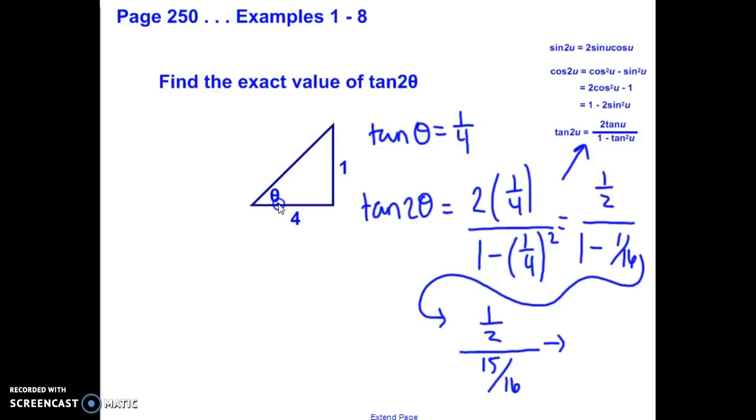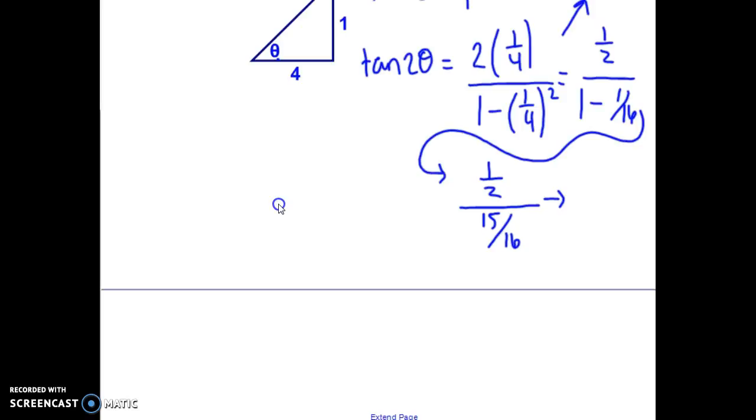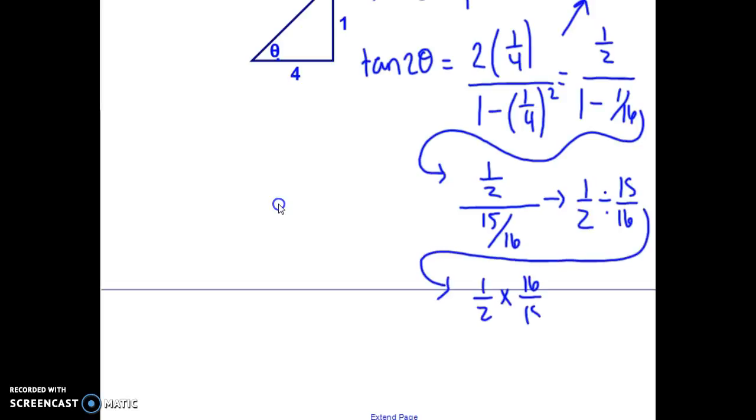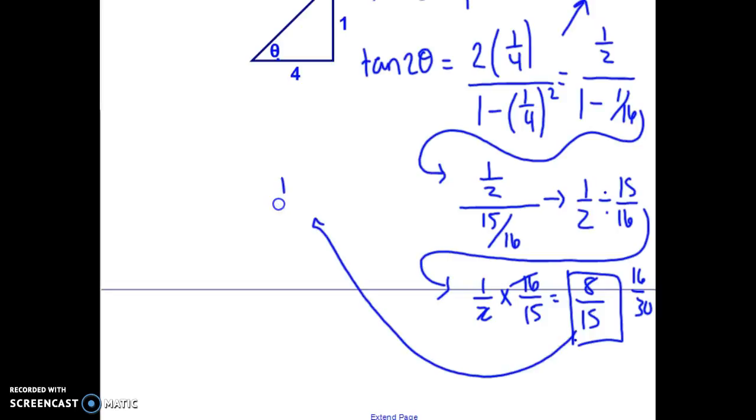That's more easily written as 1/2 divided by 15/16, which means you multiply by the reciprocal and you end up with 8/15. And you could have reduced after 16/30 as well. 16/30 is 8/15. So this is the value of tan 2 theta.